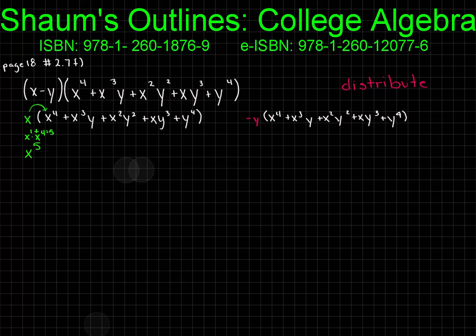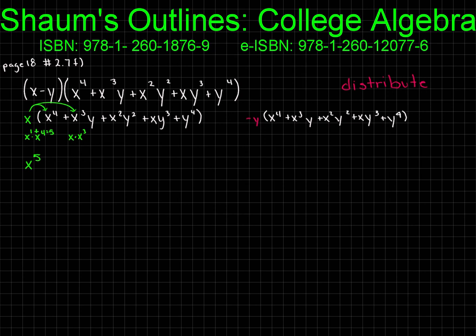Now I have to distribute to x cubed y, and that'll give me, let me move this down a little bit just so we can see a little better. So now we get x times x to the third.